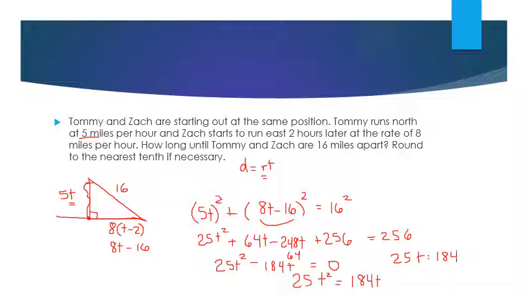And then we could divide both sides by 25, and that's going to equal 184 over 25. So it's not going to come out even, but you could divide that out to find out the time that it would take. Now that time is going to be how long it takes them until they're 16 miles apart. And you're going to round to the nearest tenth if necessary, because obviously this isn't going to come out even. So that is the method that you would use. It takes a little bit of time, but it's all skills that you already know how to do.